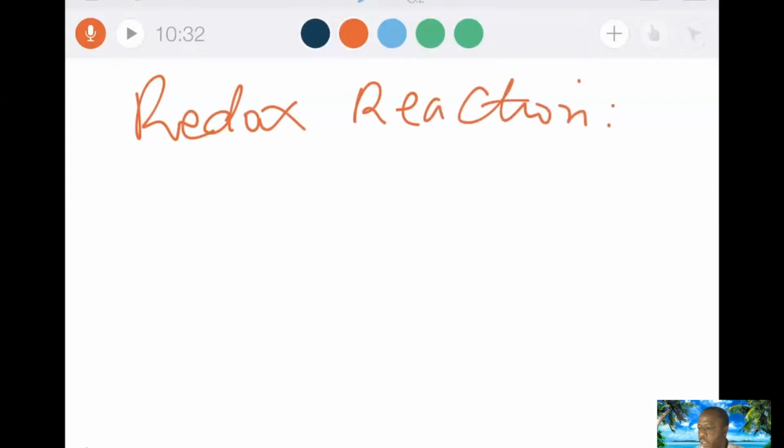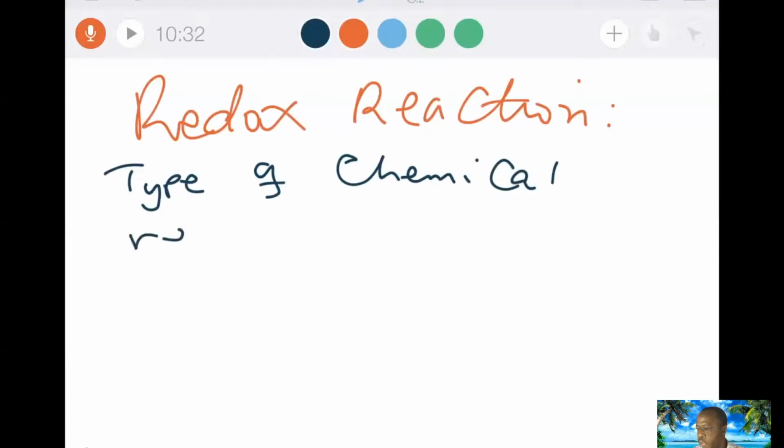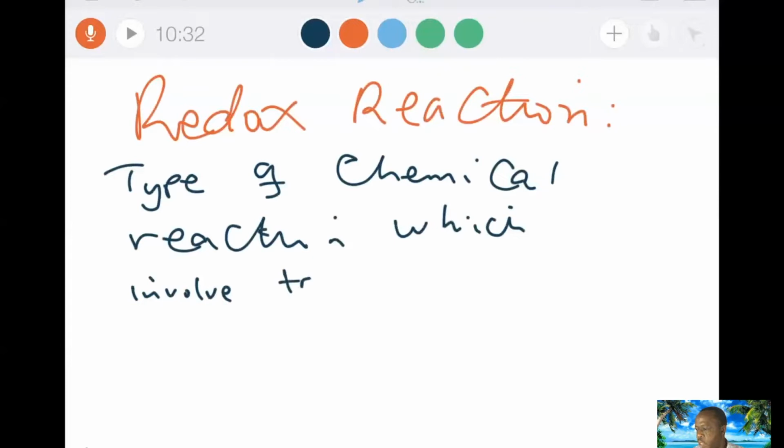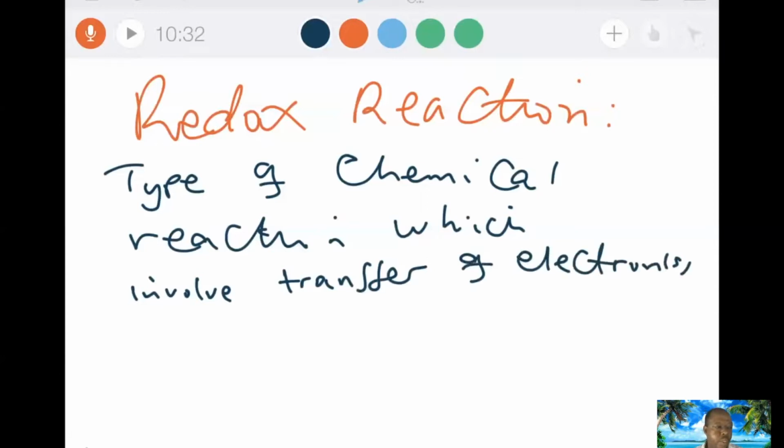This is a type of reaction involving transfer of electron or electrons. It is a reaction in which there is transfer of electrons from one species to the other species.